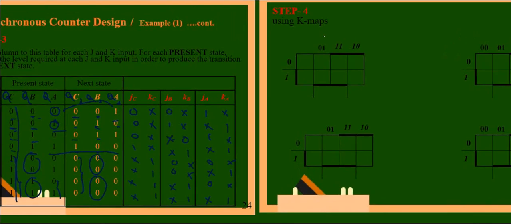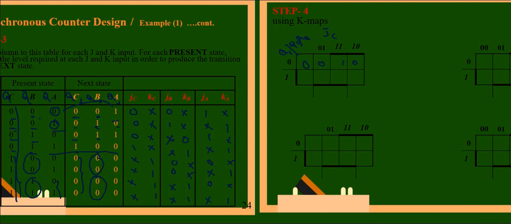First we can go for JC. In the JC part, we take this as the QC portion and these are the QB and QA portion. In this we will take the present state. So present state 0 0 0 is 0, and so on: 0 0 0 then 1.